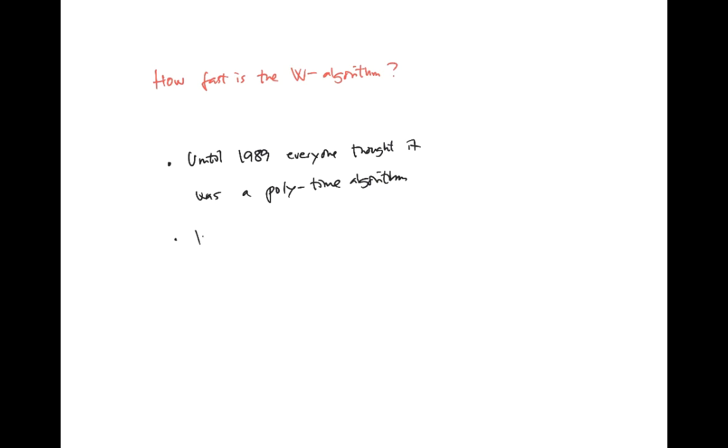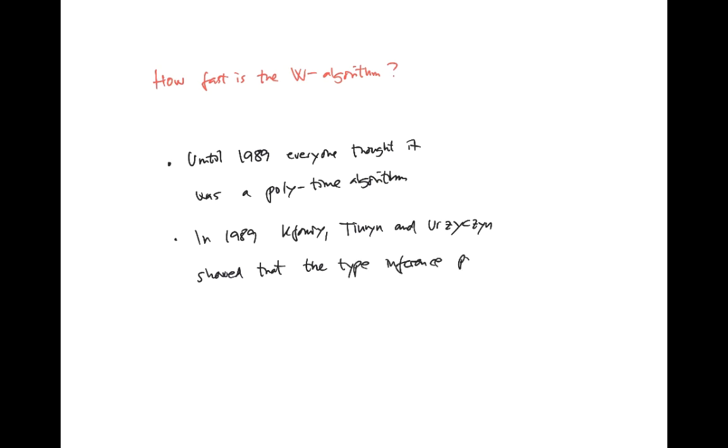But actually, in 1989, Kanellakis, Mairson and Mitchell showed that the type inference problem is actually EXPTIME complete.